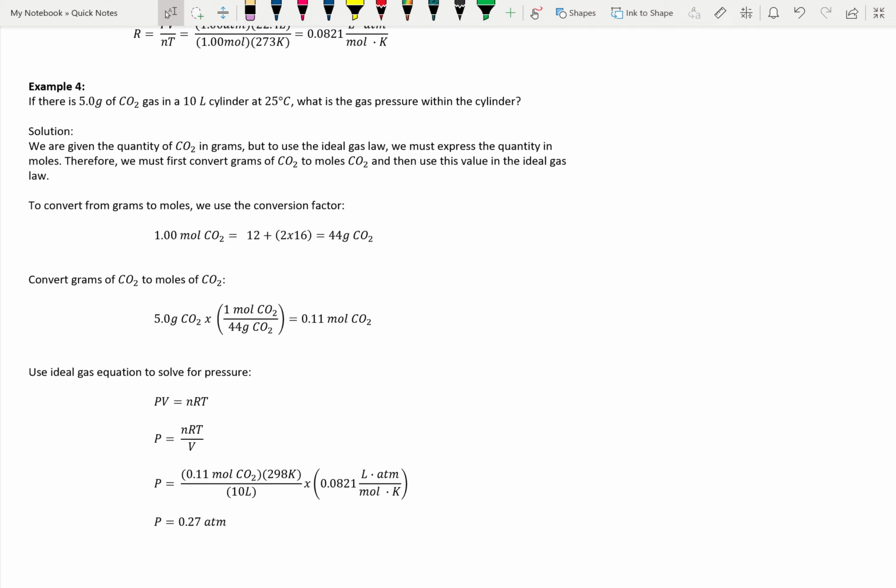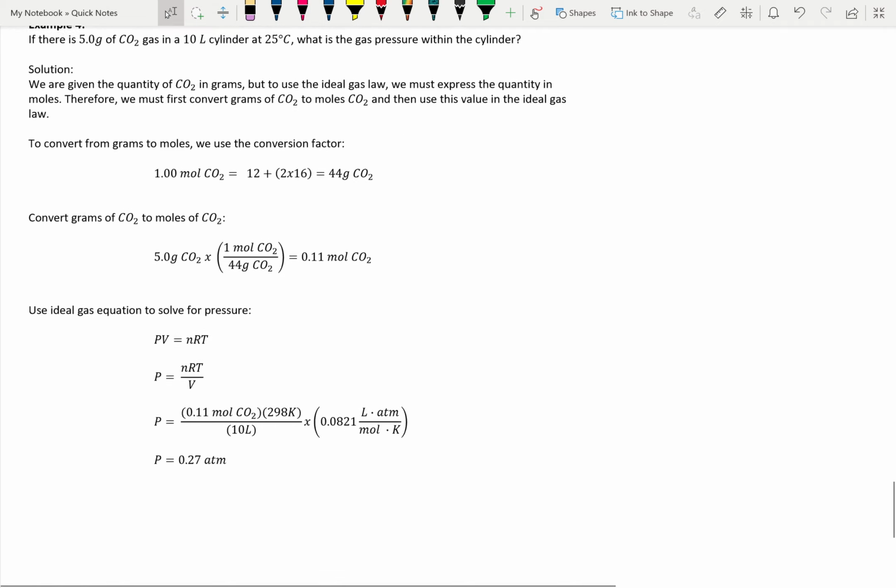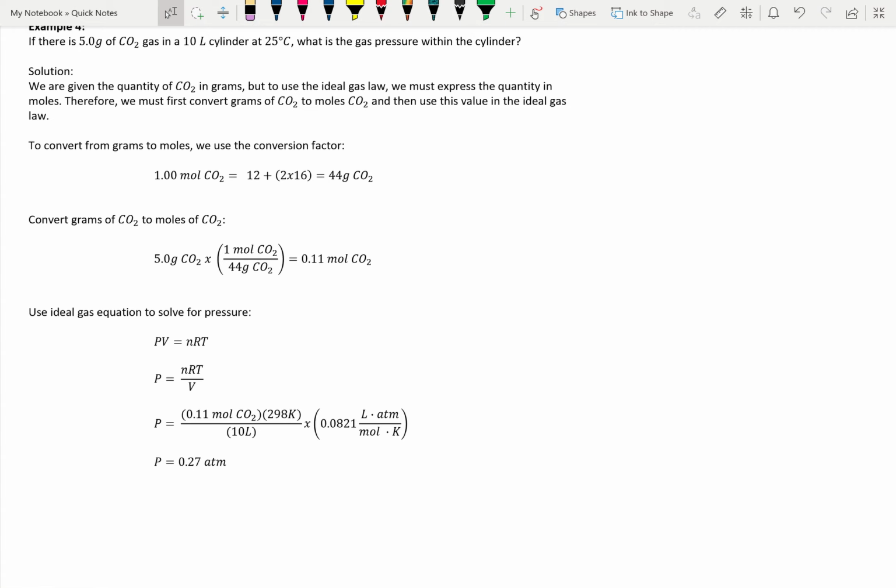When you cancel out the grams, you're left with moles, and that gives us 0.11 moles of carbon dioxide. Then we use the equation I went over: our ideal gas law equation is PV equals nRT. Remember, R is the constant I went over, 0.0821.